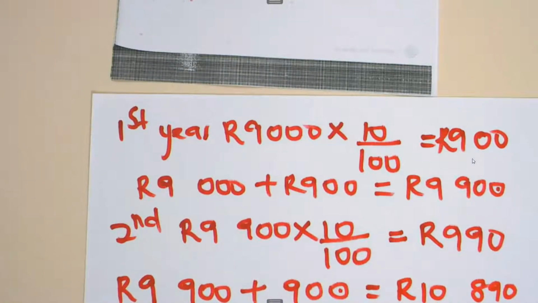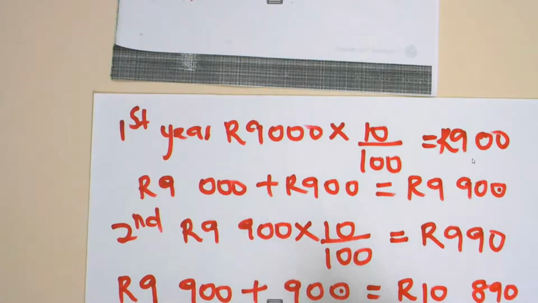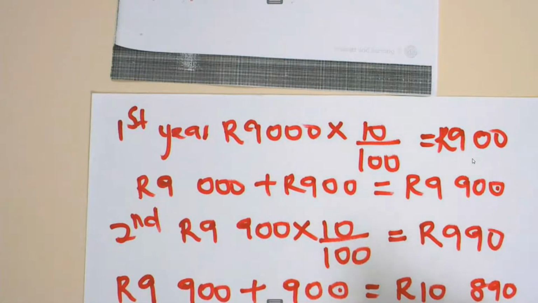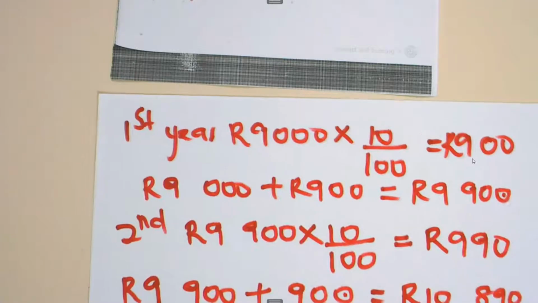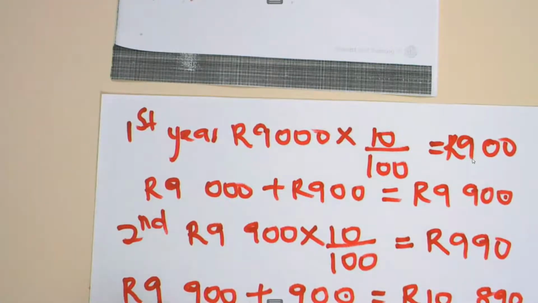During the third year, we take 10,890, we multiply it by 10%. When we multiply it by 10%, we accumulate 1,089. 1,089, we add it with 10,890.